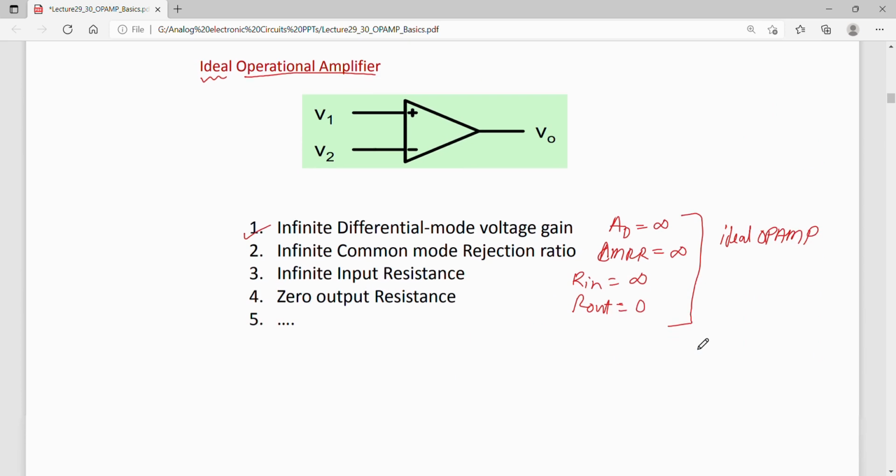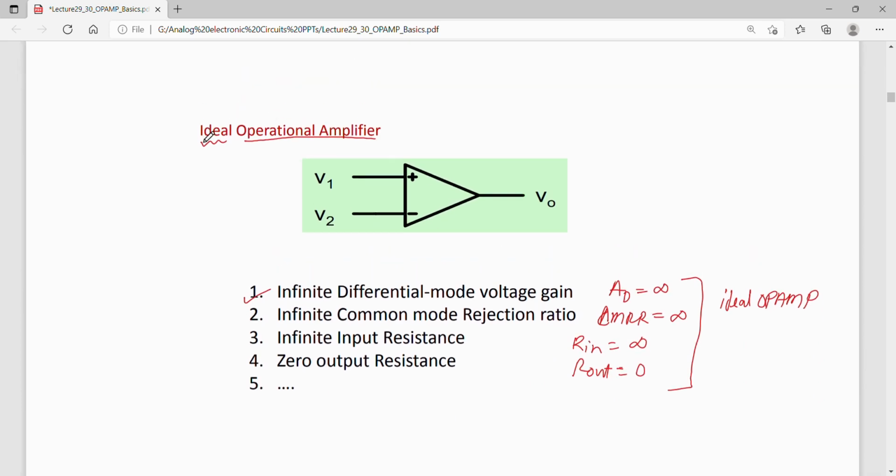If we talk about the ideal properties of an operational amplifier, we would like the differential mode gain to be infinite, CMRR to be infinity, input impedance infinite, and output impedance 0. These are the ideal properties of an OPAMP.